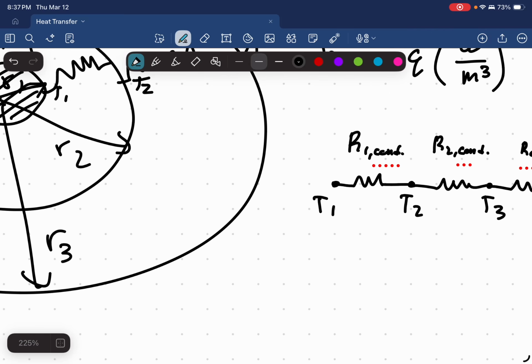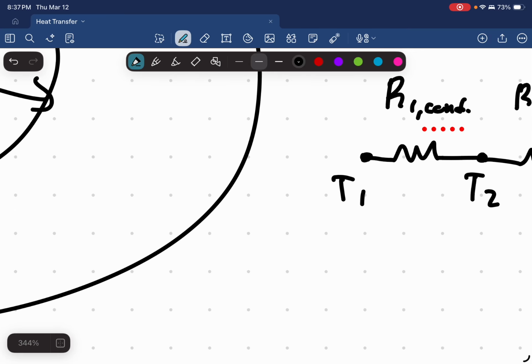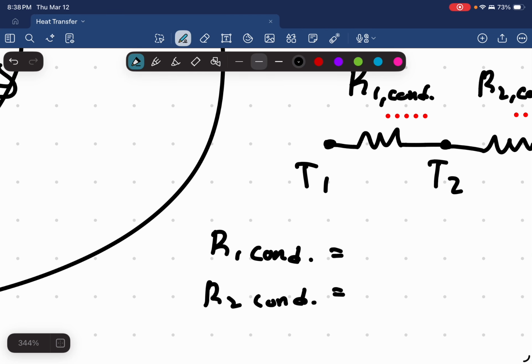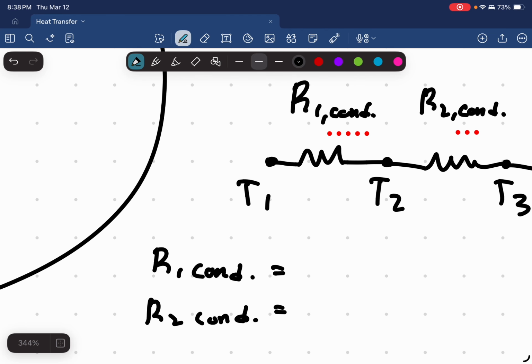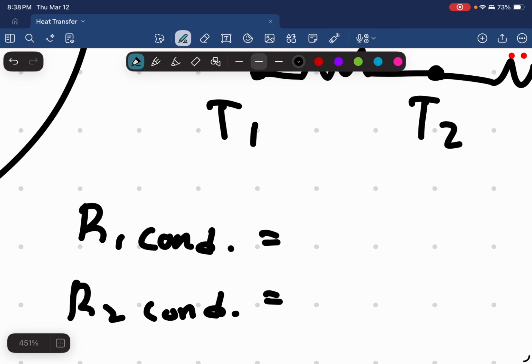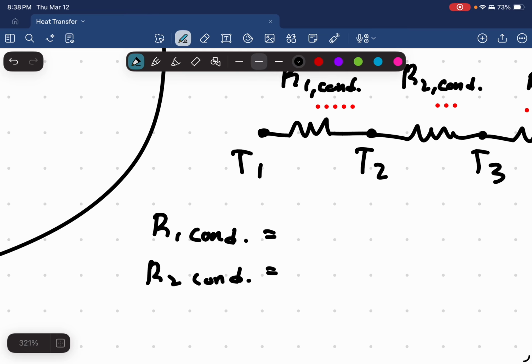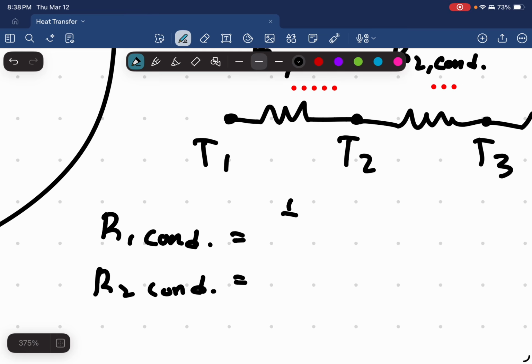So R1, conduction, and R2, conduction. Let's just list them here so we don't have to rewrite them. If your exam is without a calculator, that most likely means you're just going to keep everything as a variable, and to save some time, you can just write the variable one time and not write it again. That way, you're not wasting space or time.